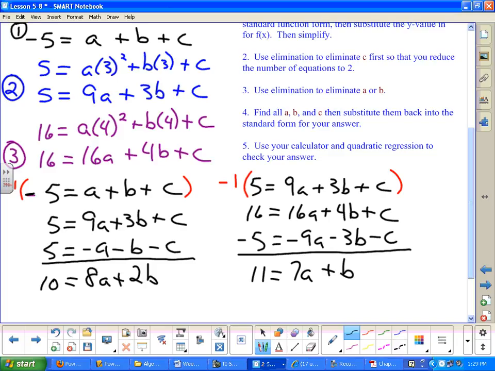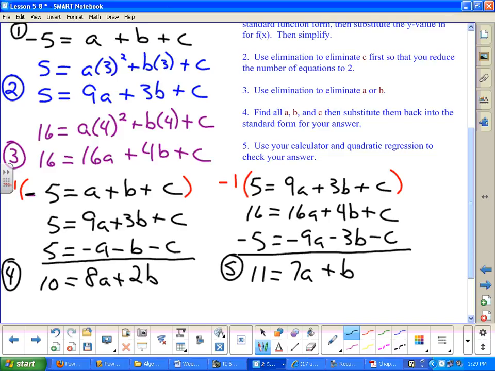Okay. So I've taken those three equations and I've used them to eliminate c. So now I have two equations with a and b, and I'm going to call those equations 4 and 5, just so I keep track of the things I'm working with. Okay? And we've worked with two equations before, right? We've done elimination with them and substitution to find those values.